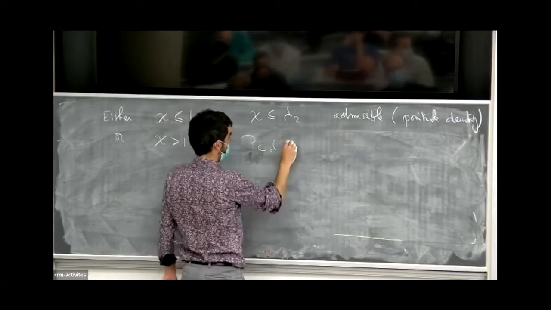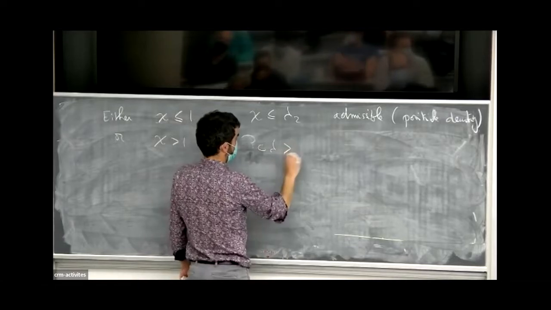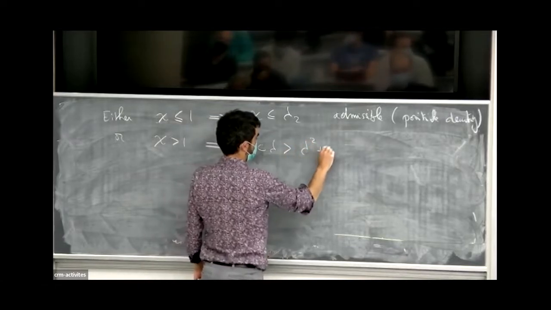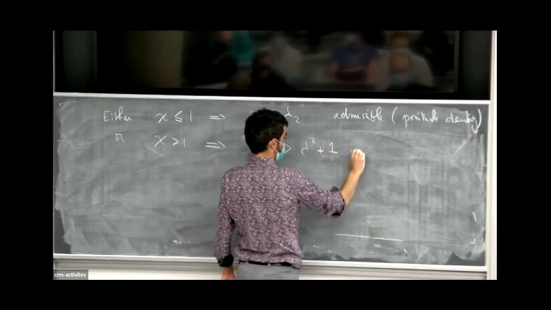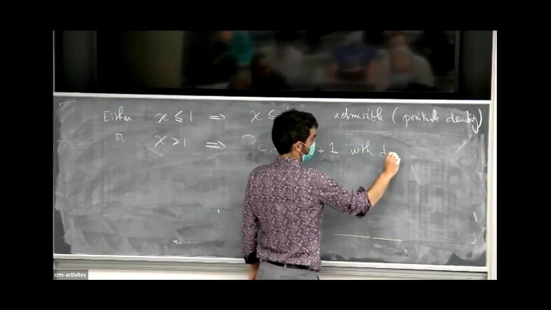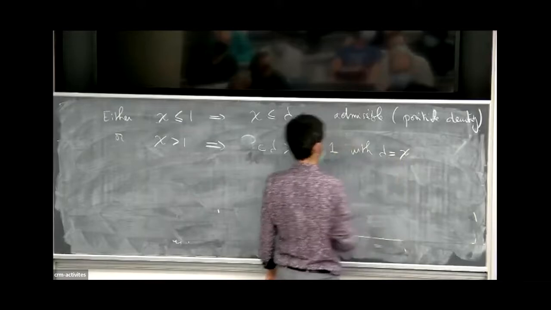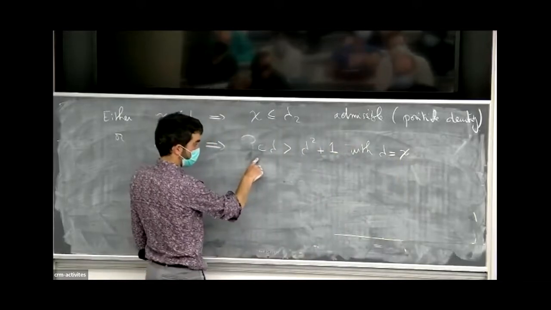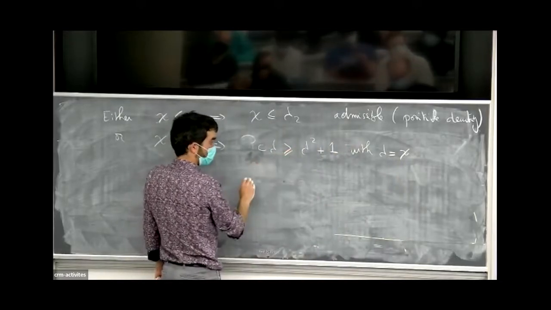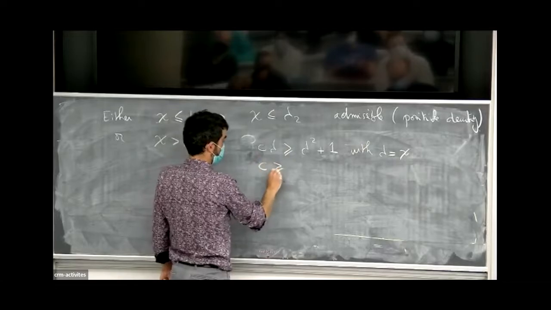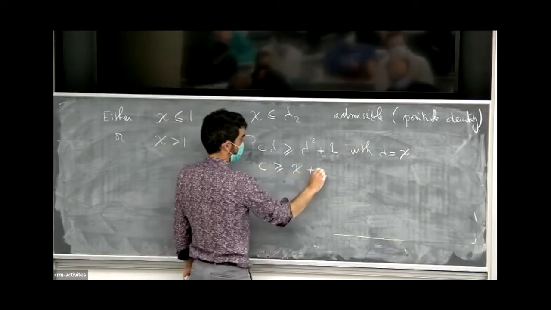C lambda is above lambda square plus 1 with lambda now, which is exactly by a number chi. Okay, and this tells me what? This tells me that C is above chi plus 1 over chi.